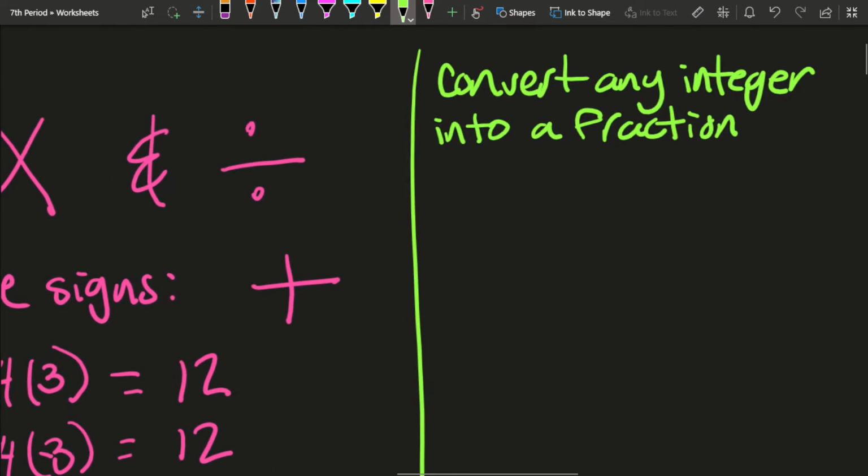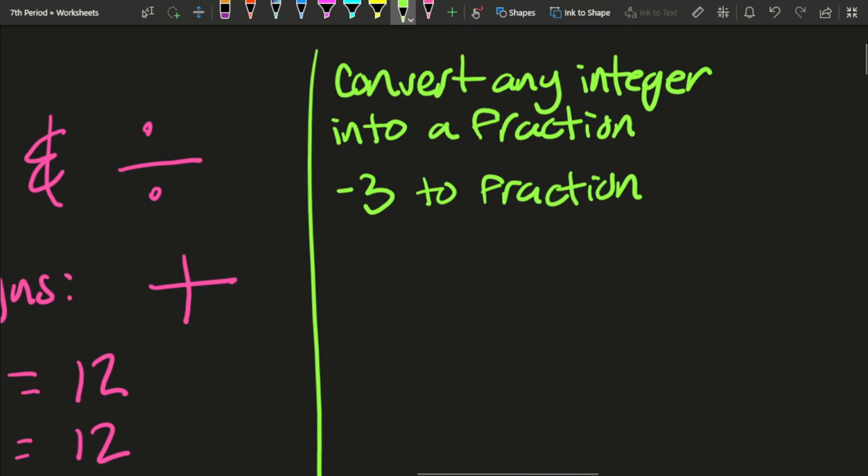So in order to convert it into a fraction, for example, the integer -3 to a fraction is very easy.